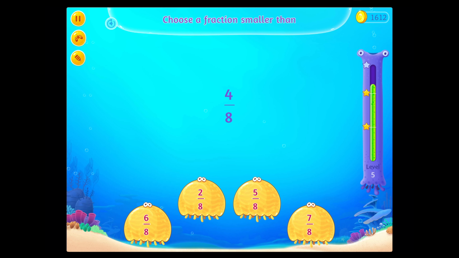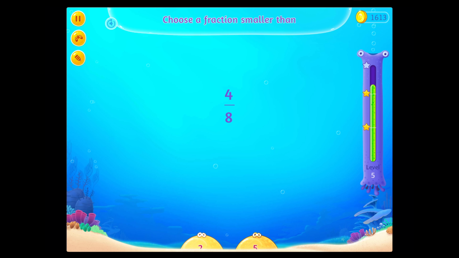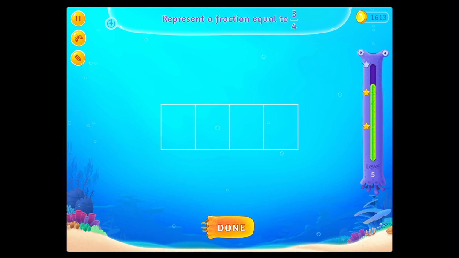Choose a fraction smaller than. Rockstar. Represent a fraction equal to 3/4.